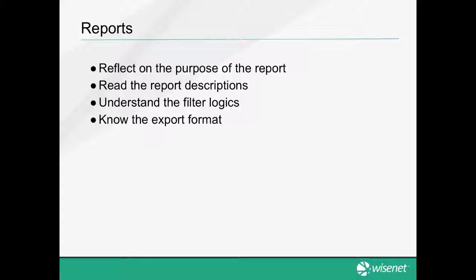So it is always important for you to know what is the key data you require and in what type of format you require it in before you can actually go into the reports wizard and start running a report. I'll explain more on these points when we actually go into the Wisenet LRM and we start running a report.